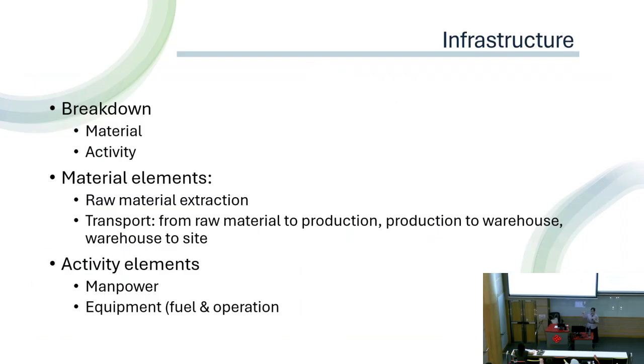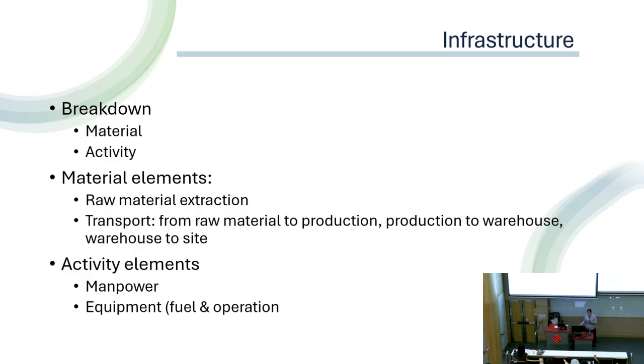From an infrastructure point of view, when we're looking at carbon, we break down to material and activity levels. From the material elements, we look at how raw materials are extracted, and how they are transported from raw material to production to warehouse sometimes, or maybe directly to site.